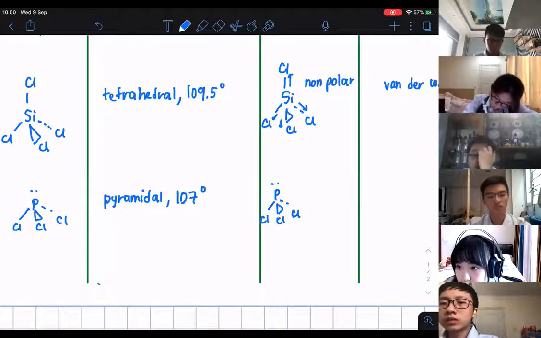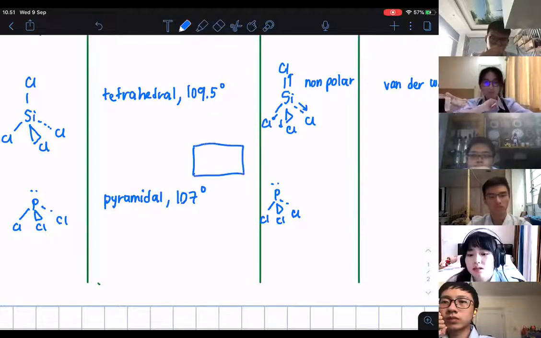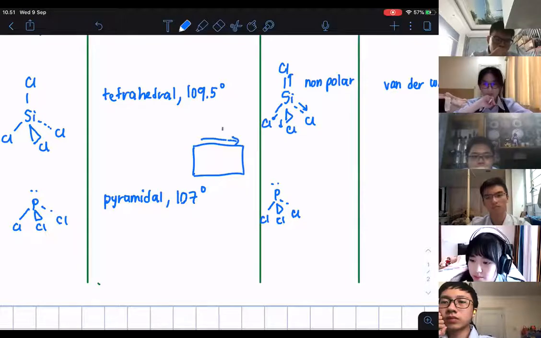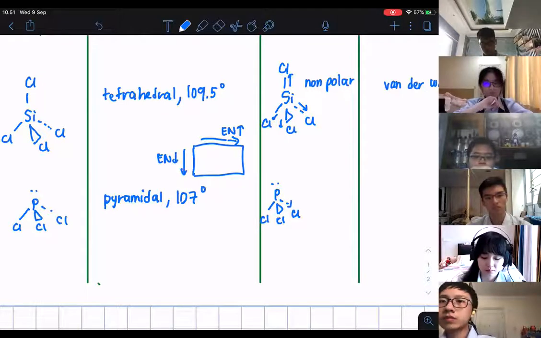Yeah, because chlorine is at the right hand corner of the periodic table. So you can use the method that I taught you. When you go across the periodic table, the electronegativity increases, and down the group electronegativity decreases. Please remember that. So here the delta negative will be towards the chlorine. So here it's definitely polar, because of the lone pair also. It makes it non-symmetrical.